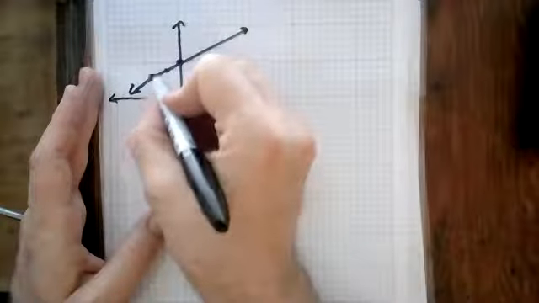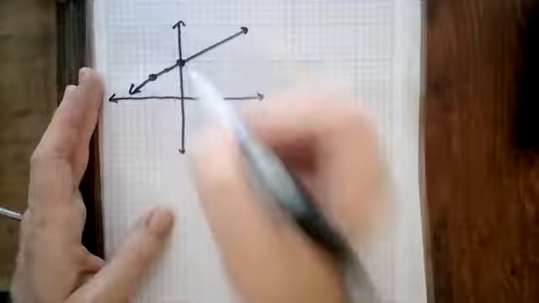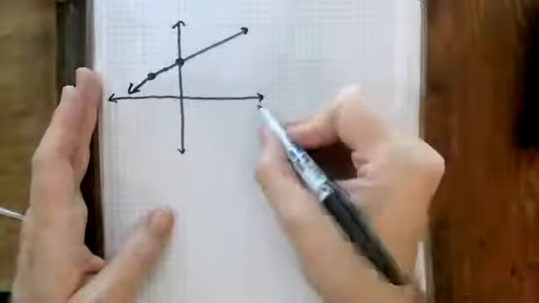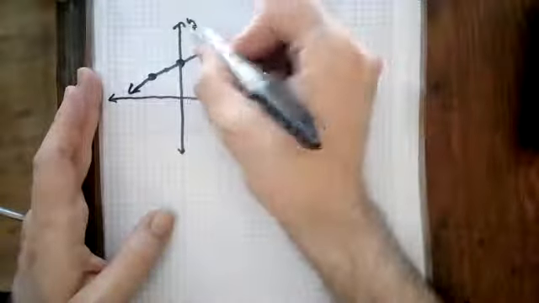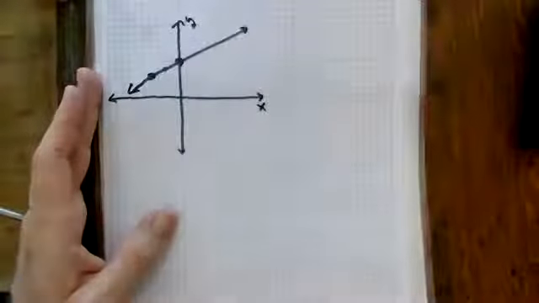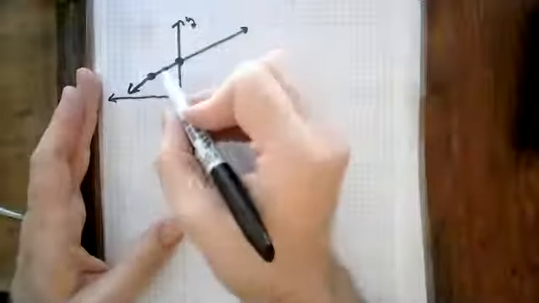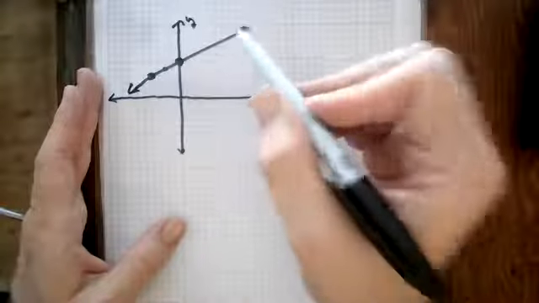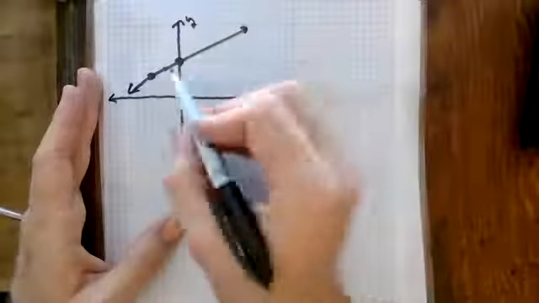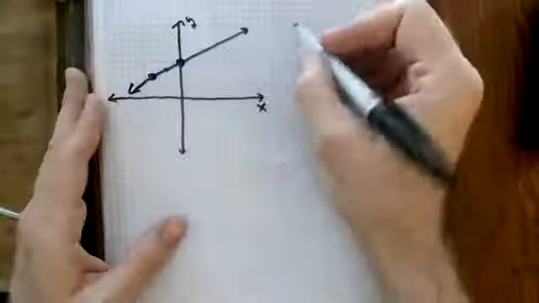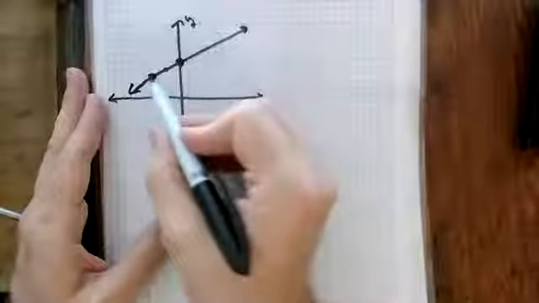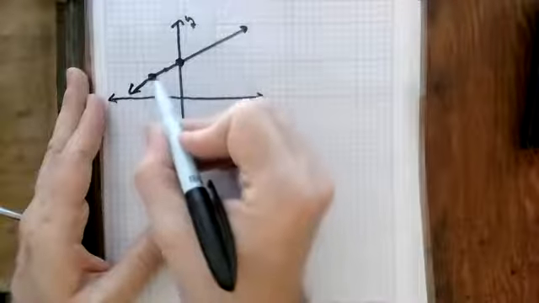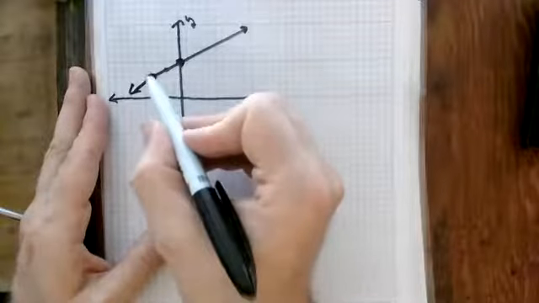So here is what we have on a graph. And right away, I'm going to show you that rather than do a long, lengthy calculation to find our slope, you can literally just count out your slope.